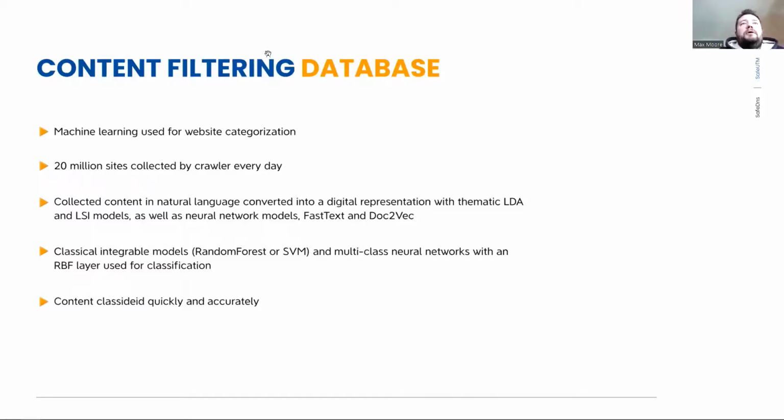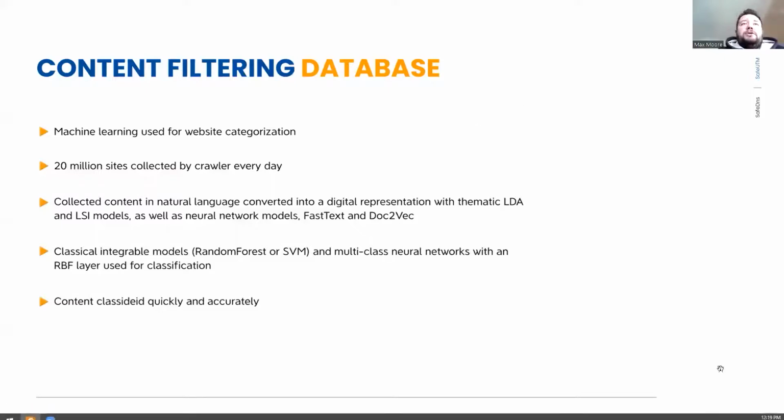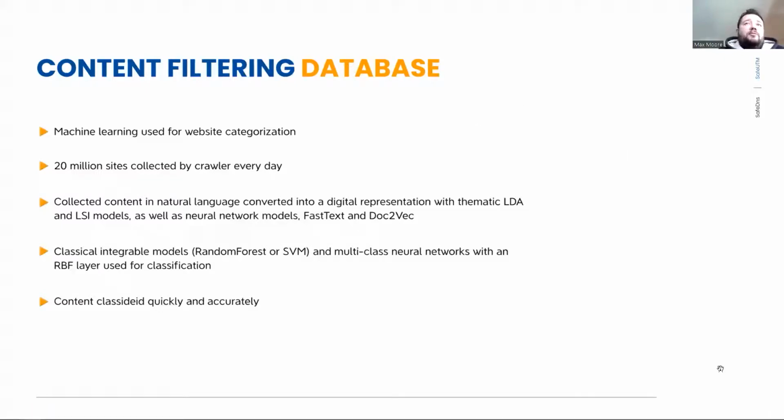We create the content filtering database ourselves, as you know. Maybe you heard of it because our content filtering service, which is SafeDNS, is built on this basis. We use AI and machine learning technologies. Every day, more than 20 million sites are checked, and with the help of thematic and neural network models, our database is created.